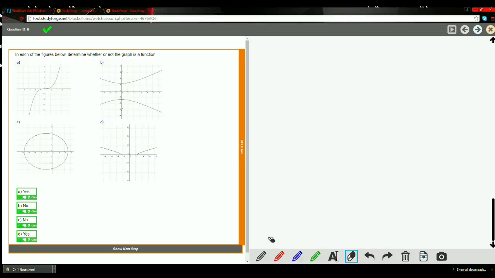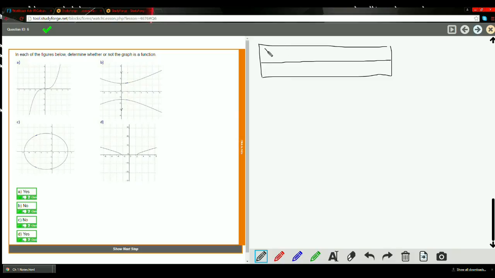In Algebra 1, Algebra 2, maybe geometry, and then maybe pre-calc and calculus. So, first off, let me just show you in a table how it all relates. So let's just say x and then y. So let's say 1, 1, 2, 3, 5.